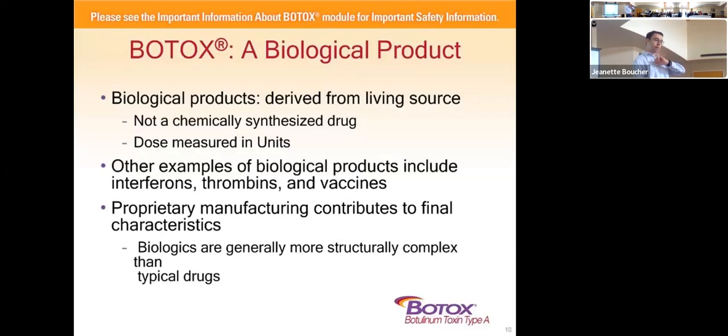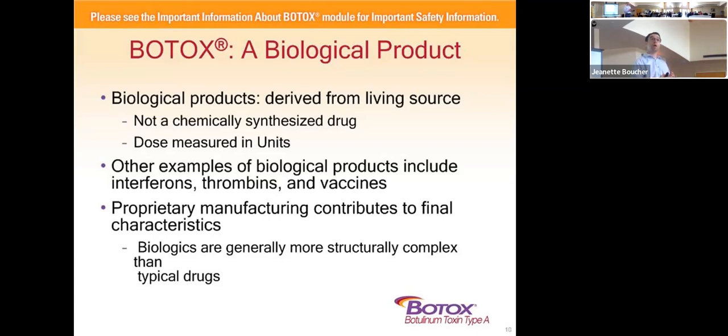So Botox, and I'm sorry to use the slide from the company itself. Botox is just a name brand of one strain of botulinum toxin. So just like there's different brands of soda, Coke, Pepsi, Sprite, etc., RC Cola, whatever, if they still make that anymore.